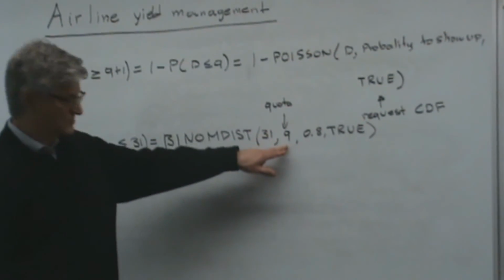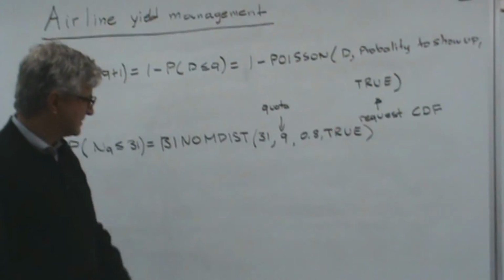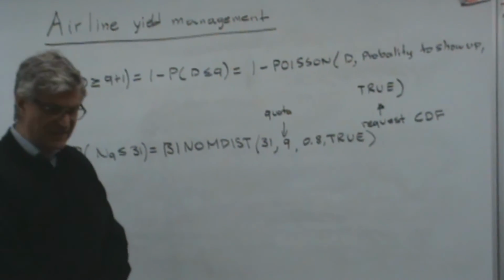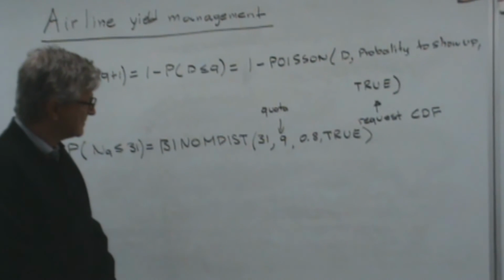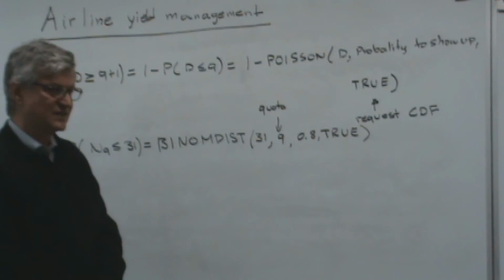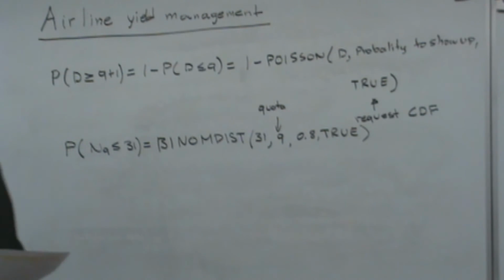So if Q was 33, this will give you the probability that the airline will be able to accommodate 33. If there are 33 reservations, the probability to accommodate them. Okay.